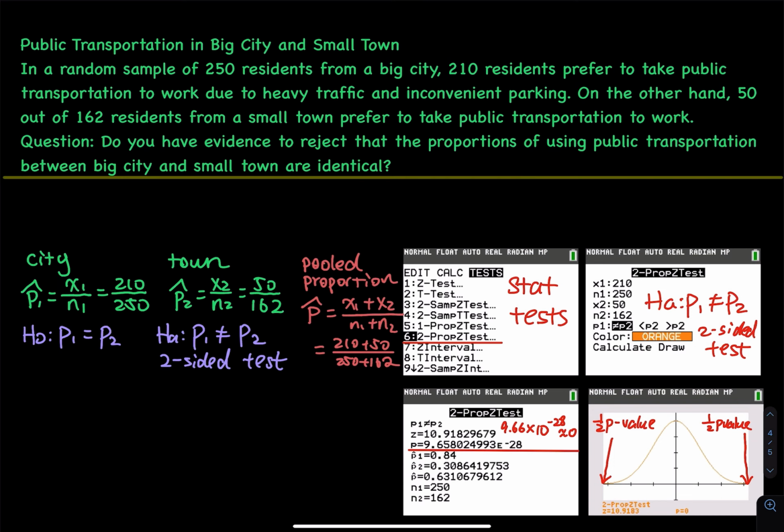In this problem, you have x1 210, n1 250, and then x2 52, n2 162. And then what inequality sign do we use? We use not equal because the sign in HA determines the p-value: left side, right side, or two-sided, right? Since this is two-sided, we have half p-value on the left and half p-value on the right. And then once everything is ready, you hit calculate.